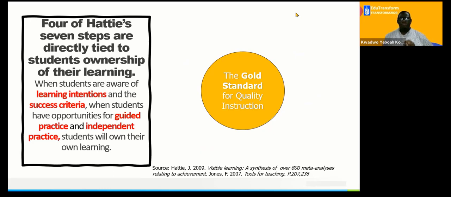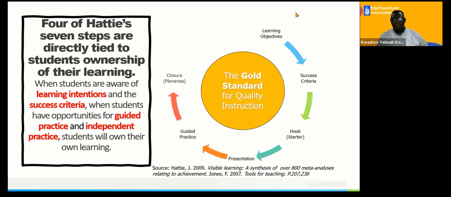When students are aware of learning intentions and the success criteria, and when they have opportunities for guided practice and independent practice, students will own their own learning.